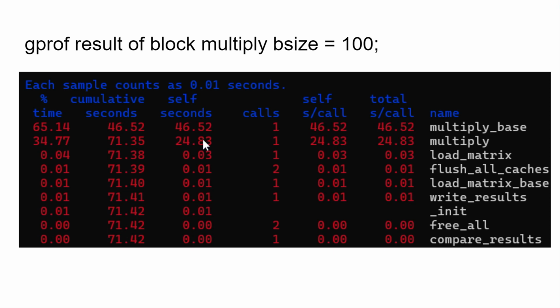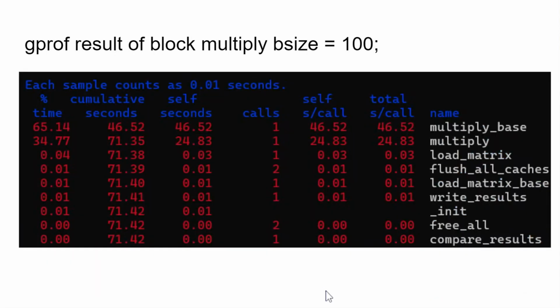But for multiply, it's only taking 24.83 seconds. And here it's saying it's 34.77% of the runtime. So it's much faster. It's 2 times faster when you do block matrix multiplication.